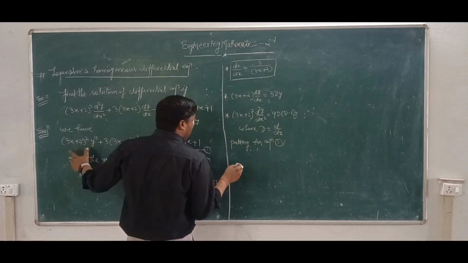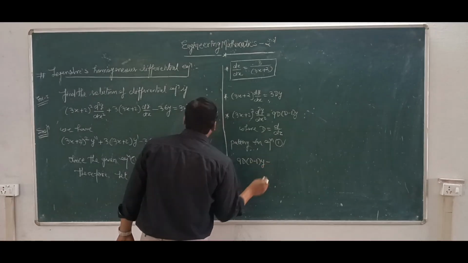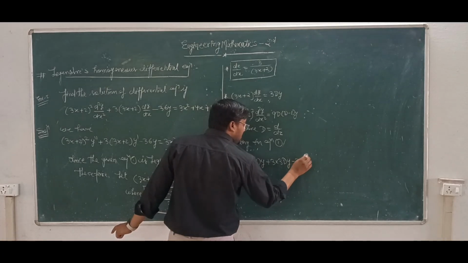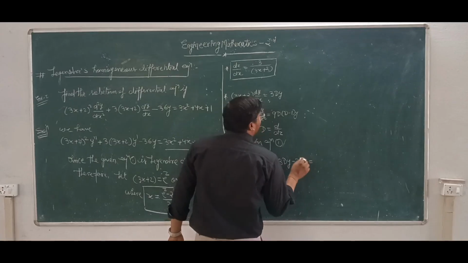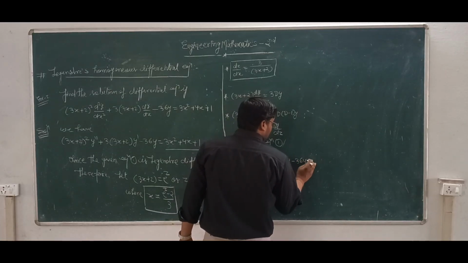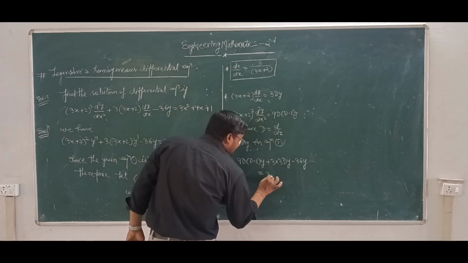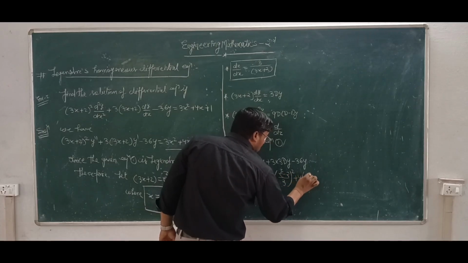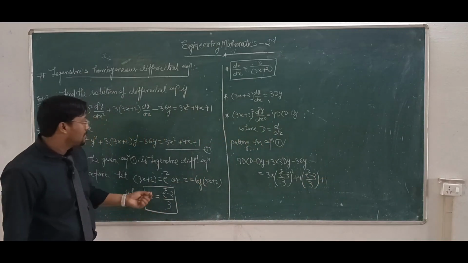You can put all the values of this. You can write 9D(D−1)y + 3·3Dy − 36y = 3 times (e^z − 2)/3 squared plus 4(e^z − 2)/3 plus 1.